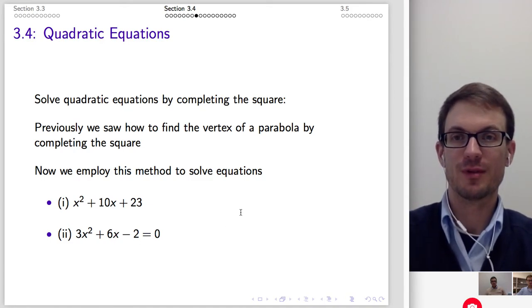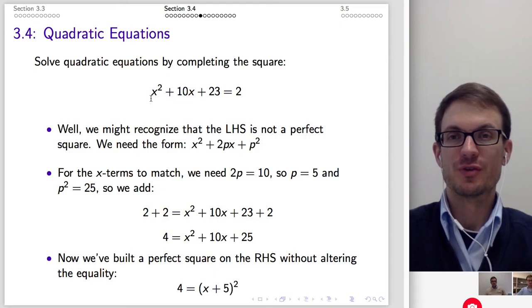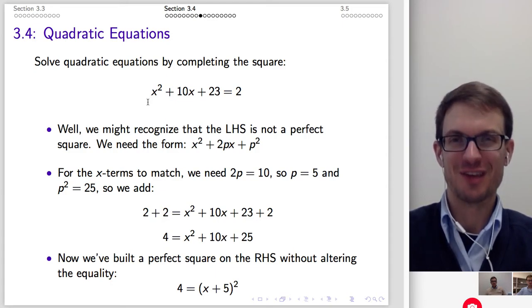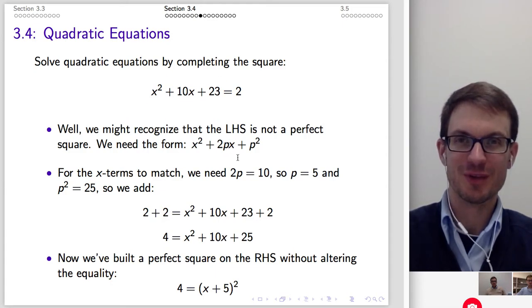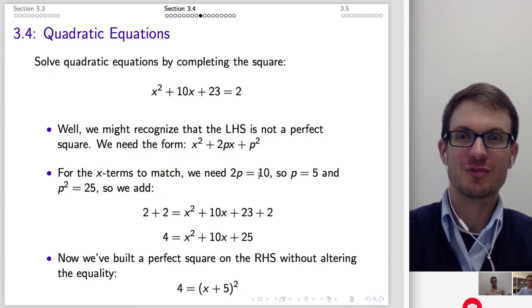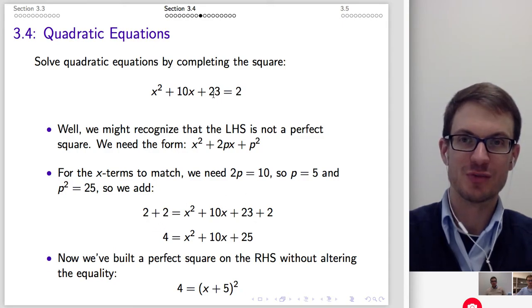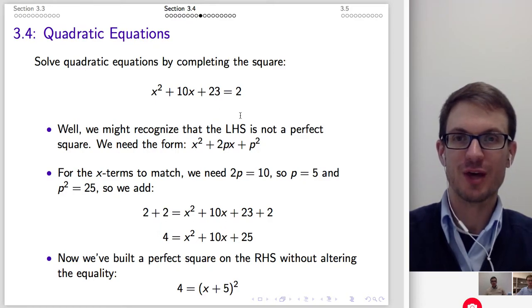Okay. All right, so here's the first one. You might recognize the left-hand side is not a perfect square. We need something in this form. For the x terms to match, we need what? p is equal to 5, and p squared is 25, so we can add 2 to both sides. If we add 2 to both sides, we'll get 25 here. And that's cool, that works out. So we'll have 4 over here, and we have a perfect square over here.